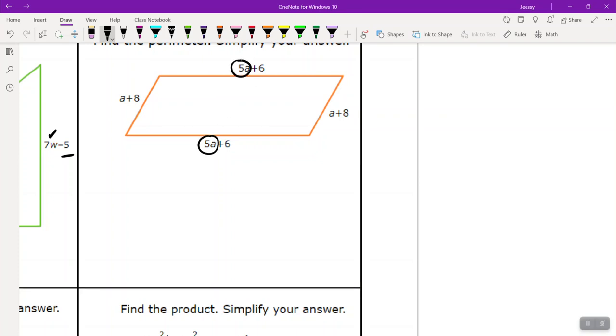So what's 5A plus 5A? 10A. Are there any more A's? Maybe on the other sides. You got to add those two A's. So how many A's do you have in total? 12A. Now looking at the constants, you have an 8 here, a 6, an 8, and a 6. So how many do you have in total? Plus 28? All right, there you go. So that's the perimeter.